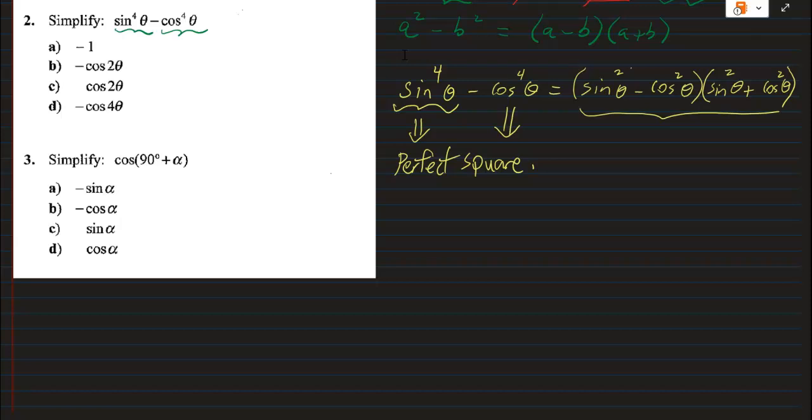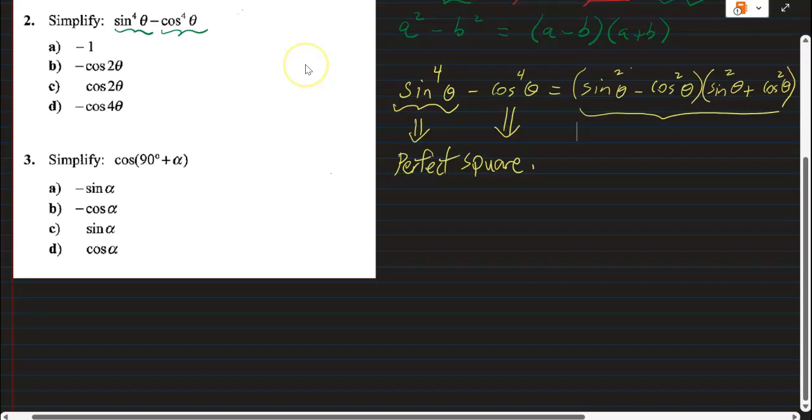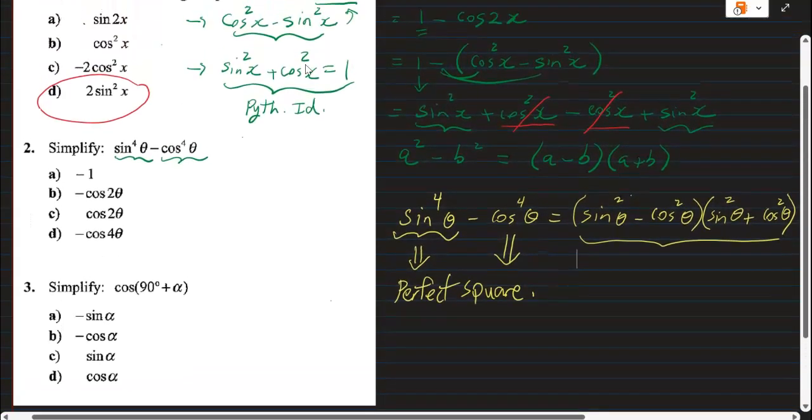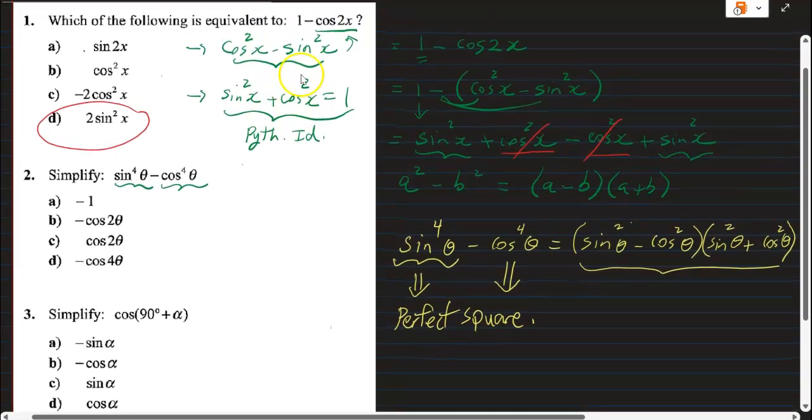When we went through the first example, we dealt with the Pythagorean identity, sine squared theta plus cos squared theta. In this case theta is x, the same thing, just different notation. We also went through the cos double angle identity, so we're probably going to use one or both of these.